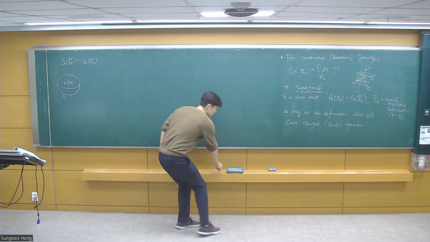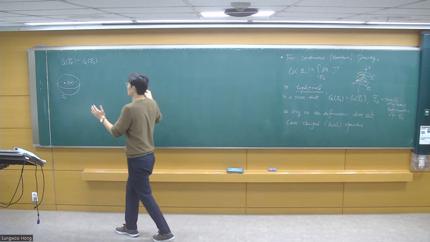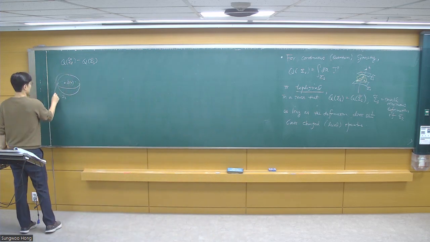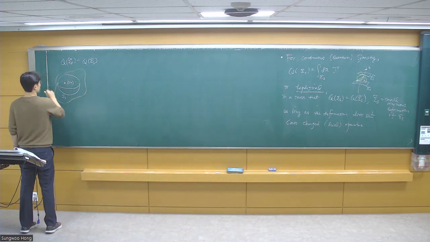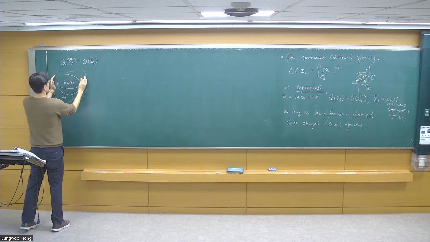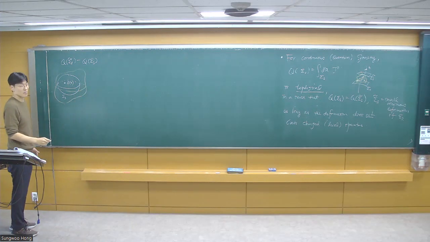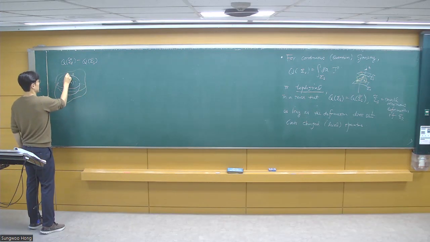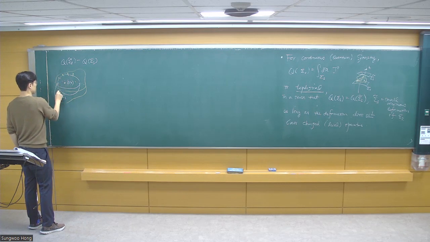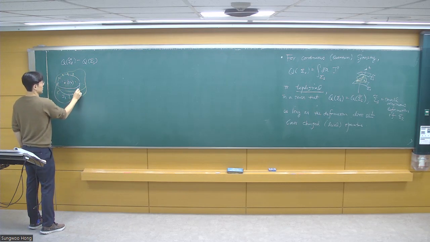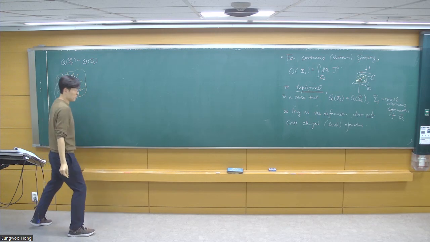And then let's continuously deform it in such a way that I don't cross any charged operator. When I deform from here to there, it's clear that I have not crossed any charged operator.